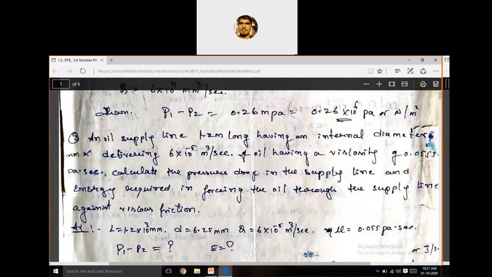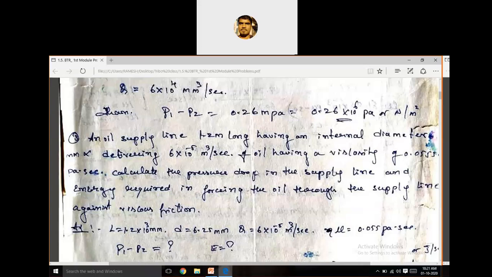And you take the third problem. An oil supply line 1.2 meter long, having an internal diameter 6.25 mm and delivering 6 into 10 raised to minus 5 meter cube per second of an oil of viscosity 0.055 Pascal second.